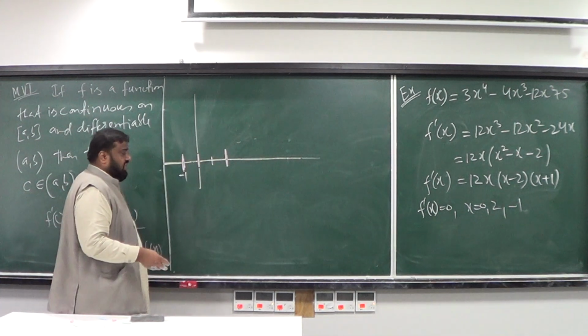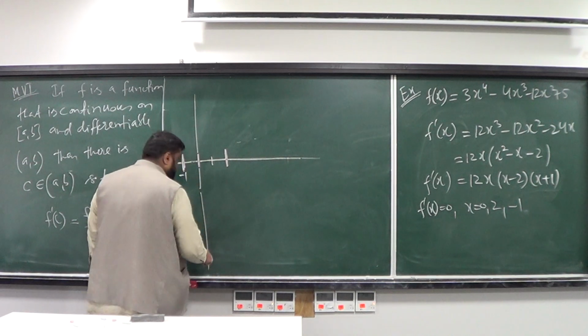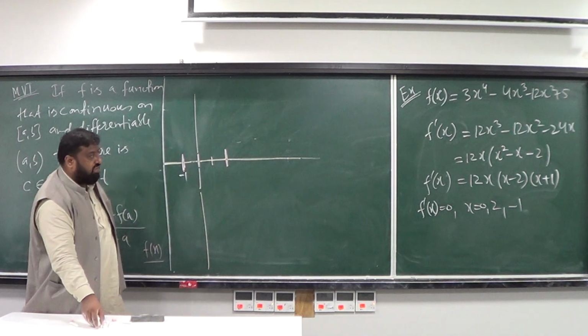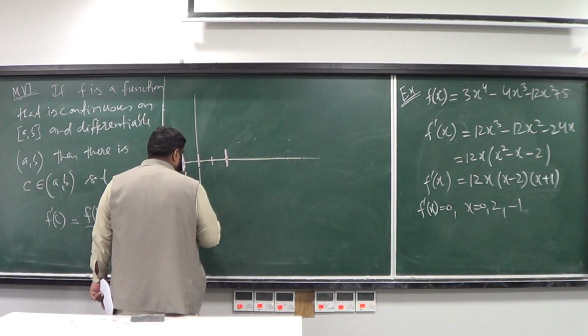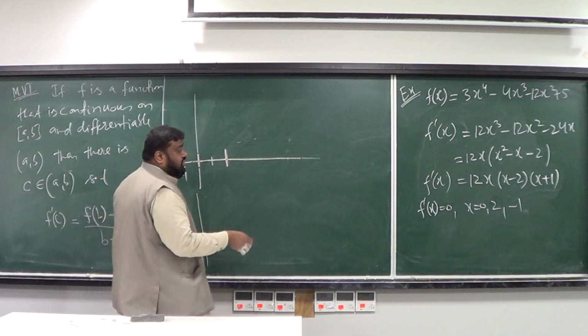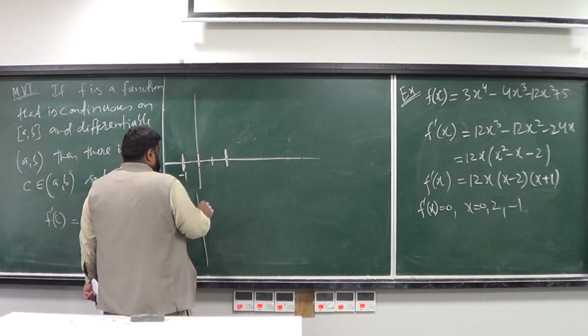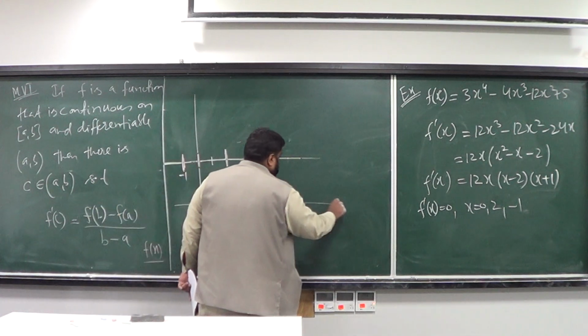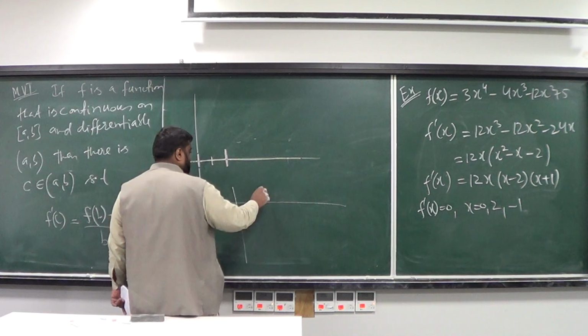I can summarize this in the form of a table. Obviously, to know when the function is increasing and decreasing, you need to know the sign of f prime of x. So keep the factors here.